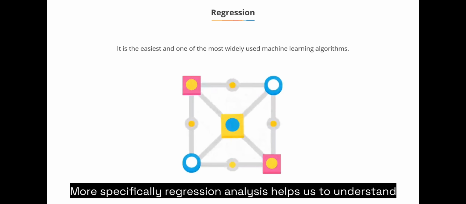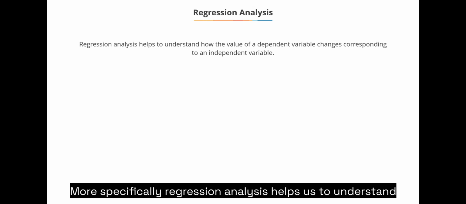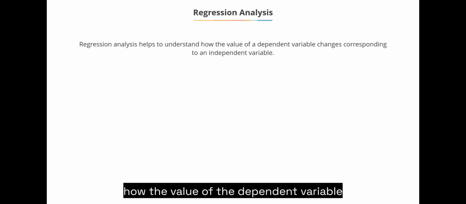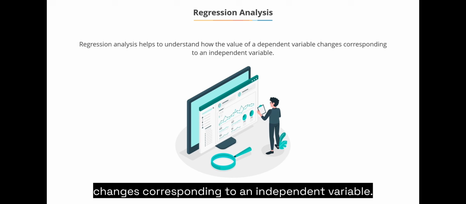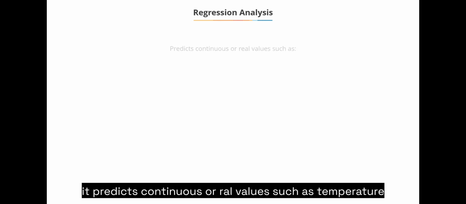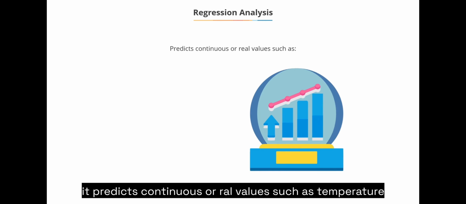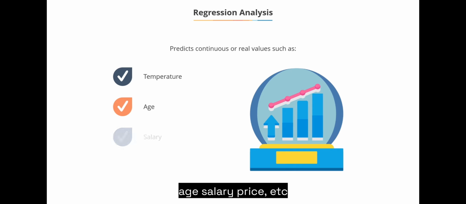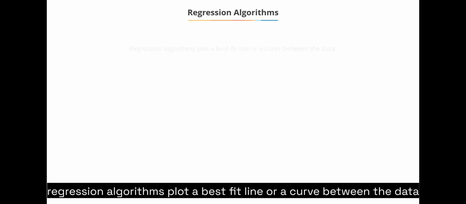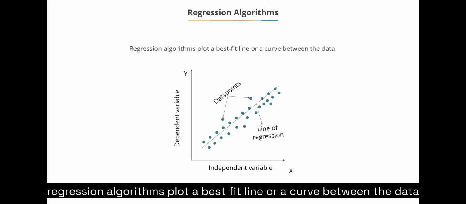More specifically, regression analysis helps us to understand how the value of the dependent variable changes corresponding to an independent variable while other independent variables are held fixed. It predicts continuous or real values such as temperature, age, salary, price, etc. Regression algorithms plot a best fit line or a curve between the data.